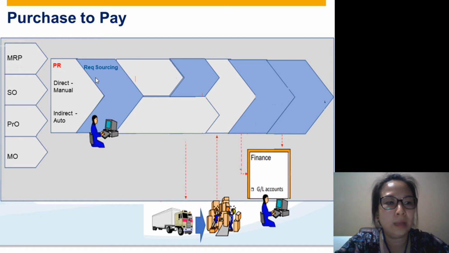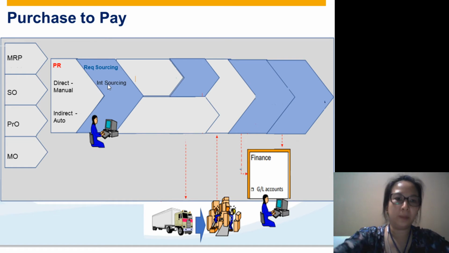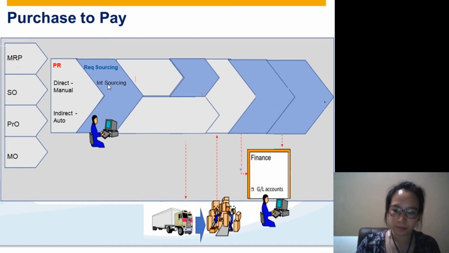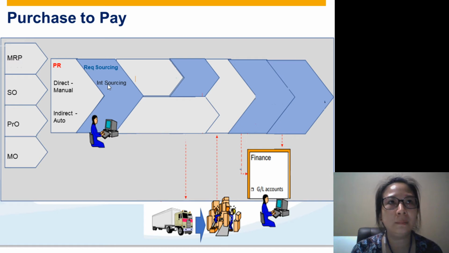So in the requirement sourcing, the first thing we can list down is the internal sourcing, which is about whether our subsidiary company, or our company, can provide our needs or not.